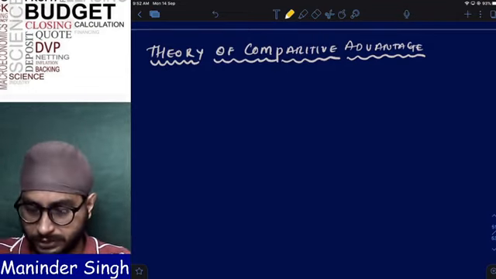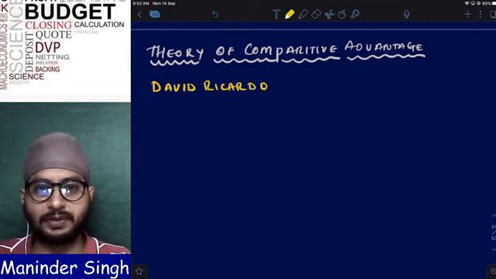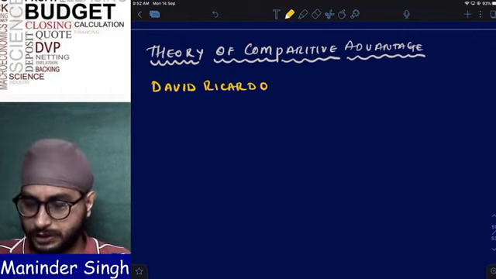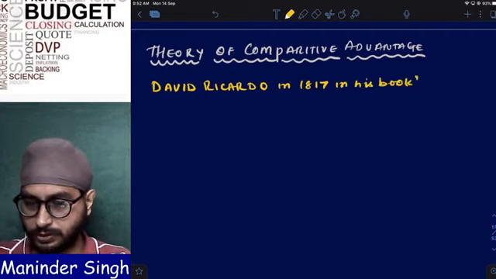And this theory was given by David Ricardo. Clear? This theory was given by whom? David Ricardo. In which year? In 1817. In his book, what is his book?